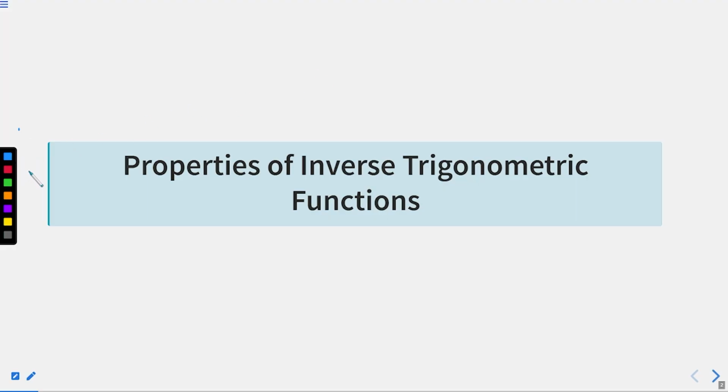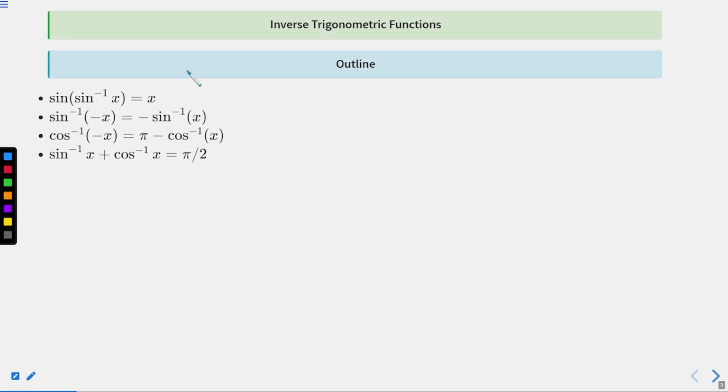Today we will be continuing our discussion on the topic of ITF, which is inverse trigonometric functions. We will be seeing properties of inverse trigonometric functions. Let's see, what property will we be covering? We saw this, and now we will be seeing that sine inverse function is also an odd function.